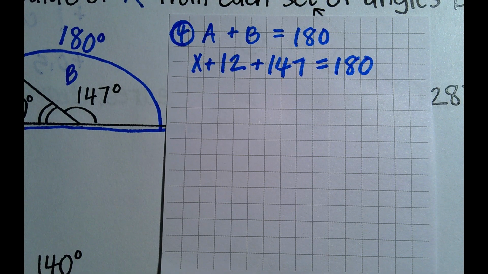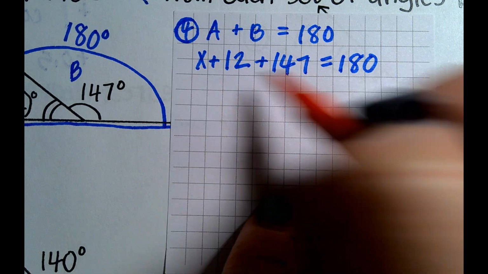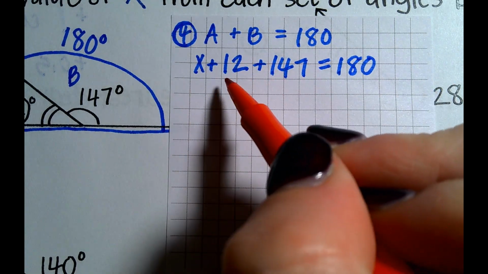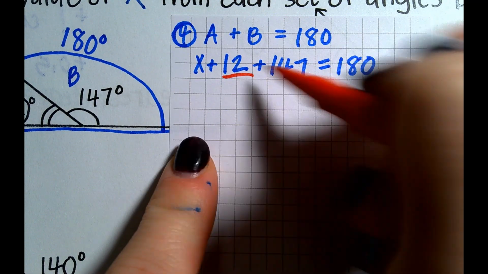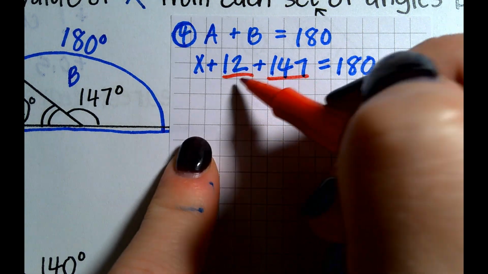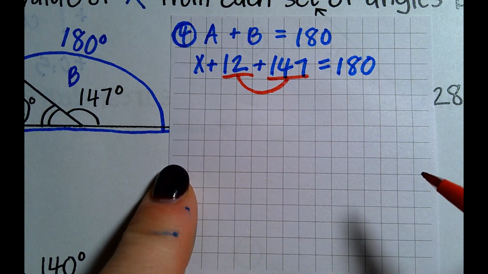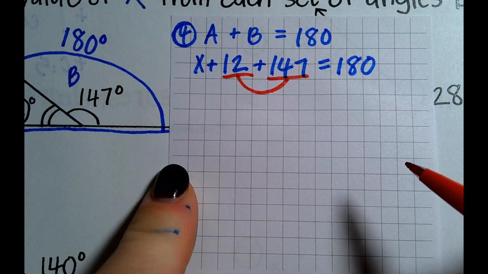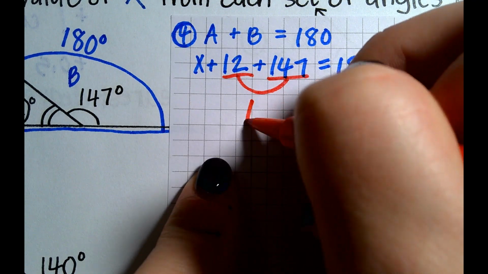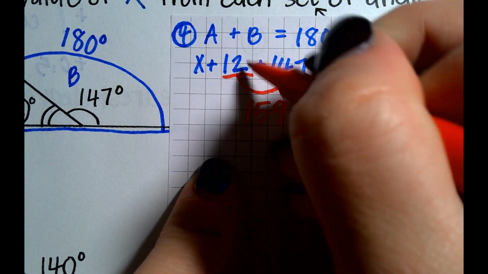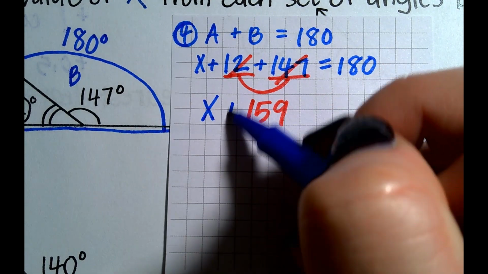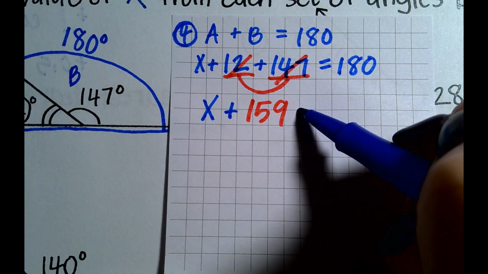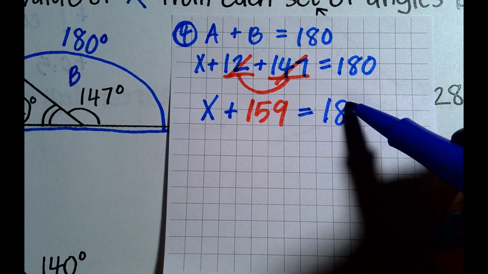Yeah, 12 and 147, these are like terms. So we are going to add them together since they're on the same side of the equal sign. What is 12 plus 147? 159. Good. Okay, so now I have x plus 159 equals 180.